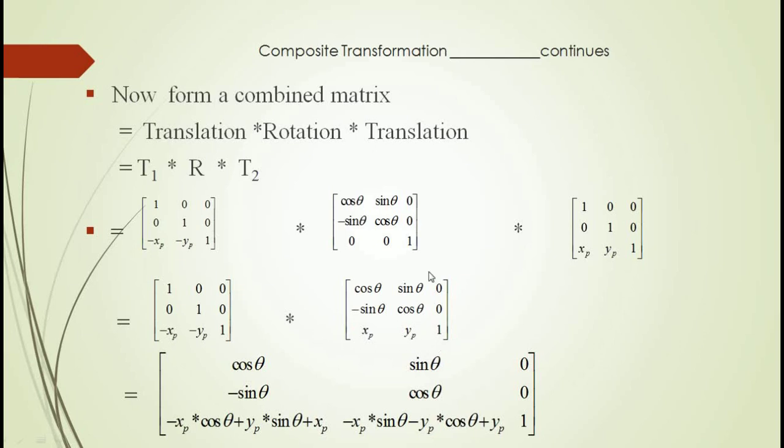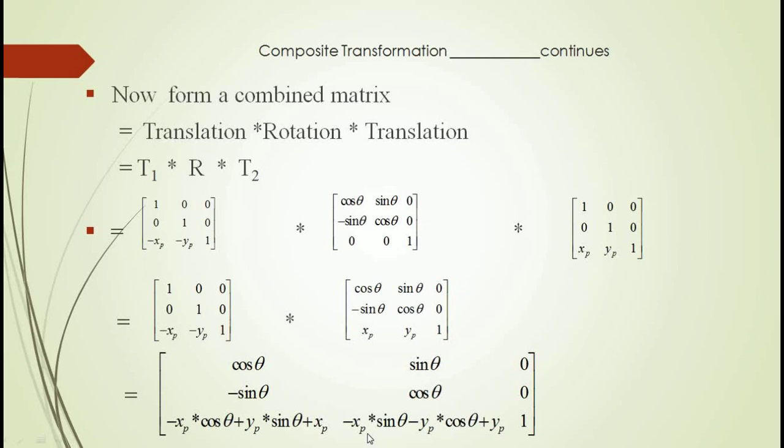Then after that, this matrix, that is the first matrix T1, into this resultant matrix, and we get some resultant matrix, that is cos theta, sin theta, 0; minus sin theta, cos theta, 0; and this is our resultant rotational coordinates: minus xp into cos theta plus yp into sin theta plus xp.